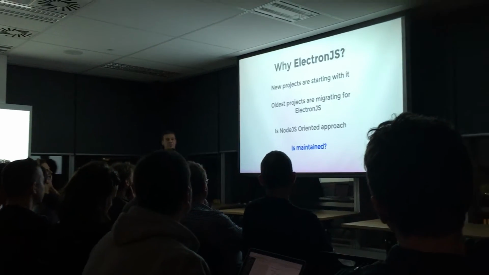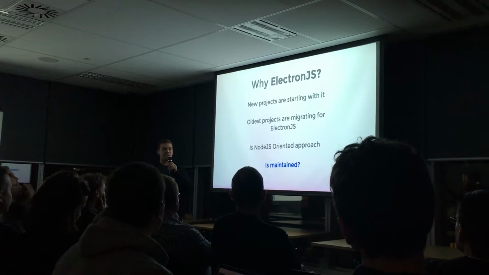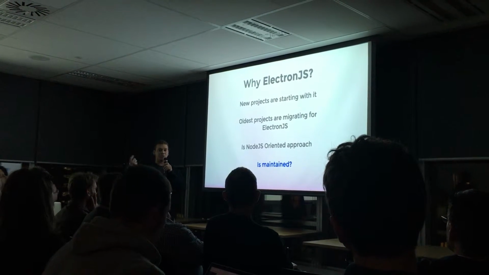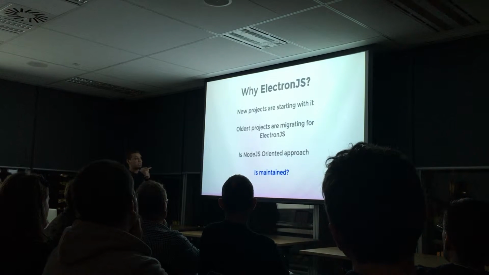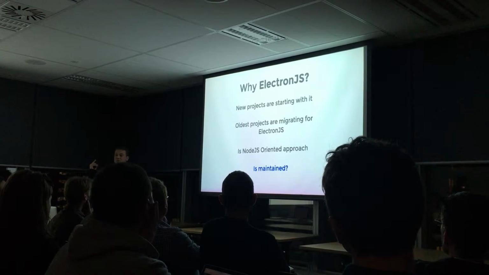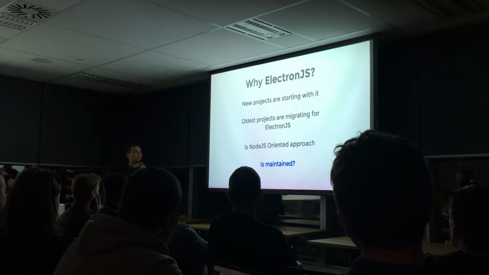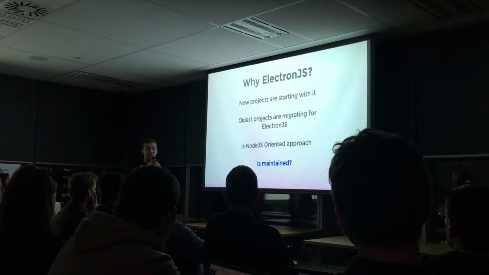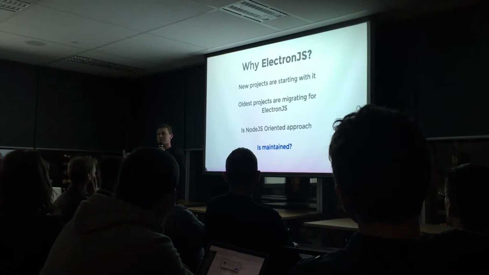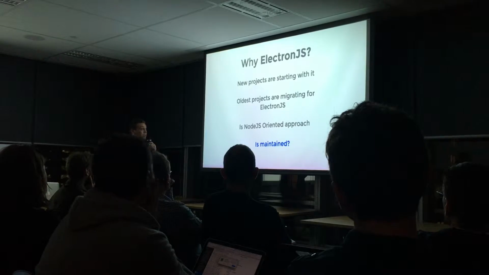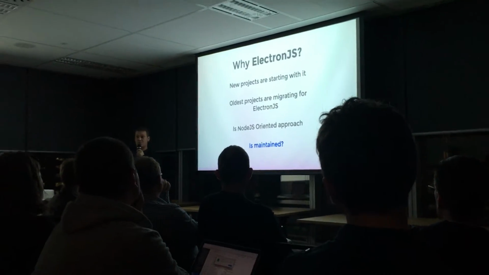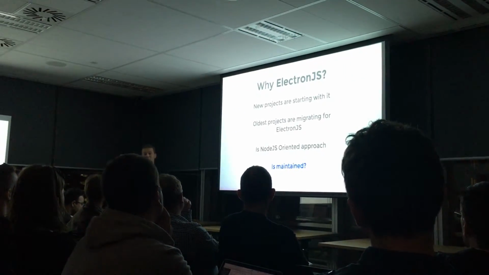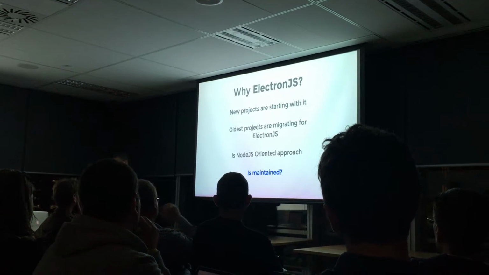And why ElectronJS and not NWJS or all the other projects? First, because new projects are starting with it. The second is that the oldest project that was using NWJS is now using Electron, and it's all Node.js oriented, so I really like it, and it's maintained.